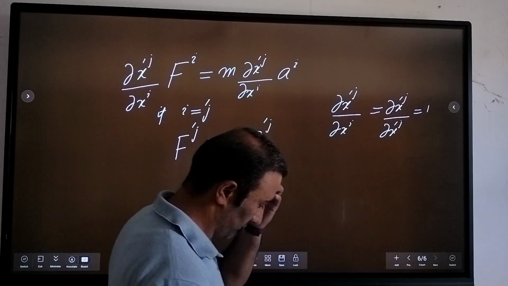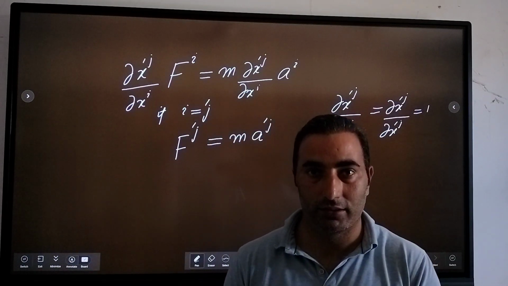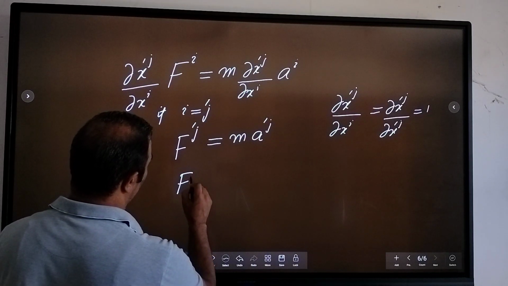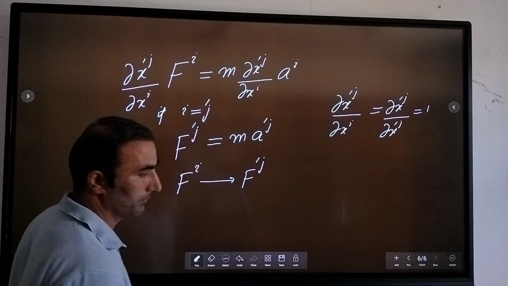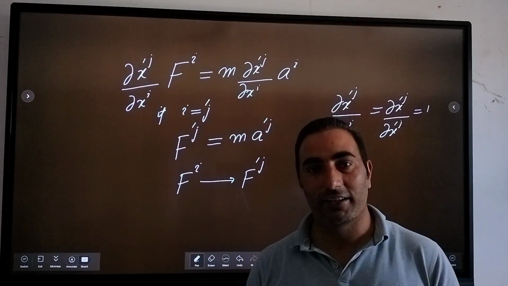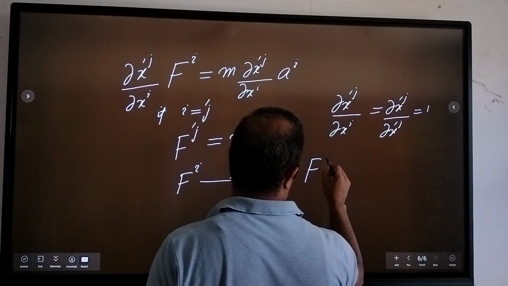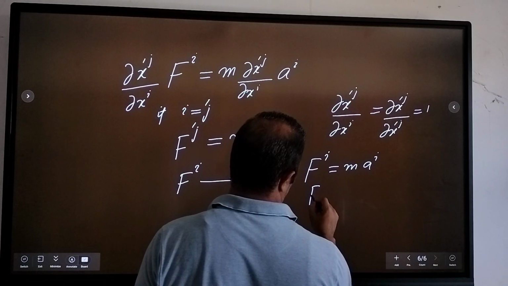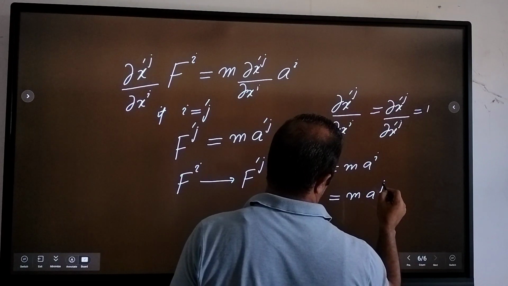So what does this indicate? So that means we are moving from some frame, from fi to fj prime, right? But the form of the equation will be the same, because in one frame we have fi equal to mai, and in some new frame we have fj prime equal to maj prime.